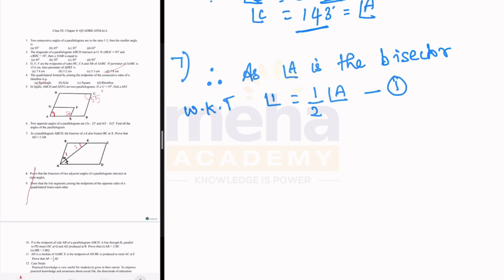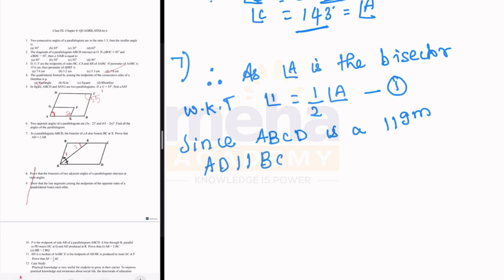Then we also know that ABCD is a parallelogram, so side AD is parallel to BC and AB is the transversal.